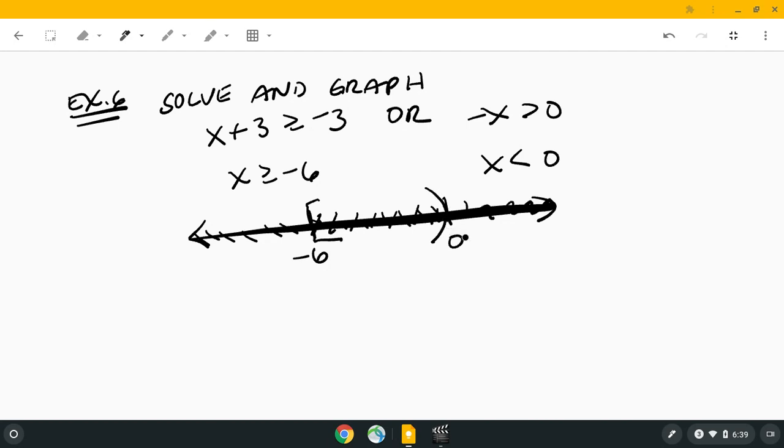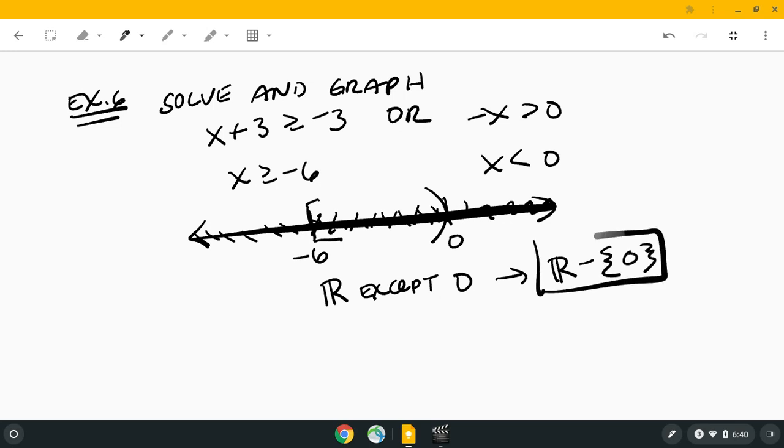We have a parenthesis here. So we can say all real numbers except 0. That's one way. If you use interval notation, then it's everything up to 0: unbounded on the left, bounded at 0, and then from 0 to infinity.